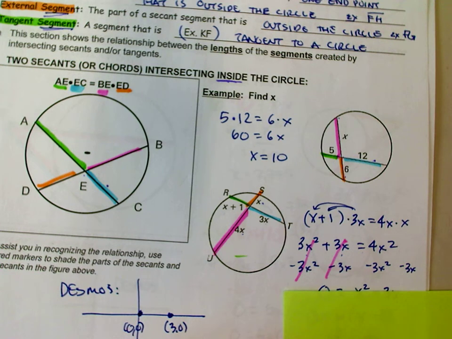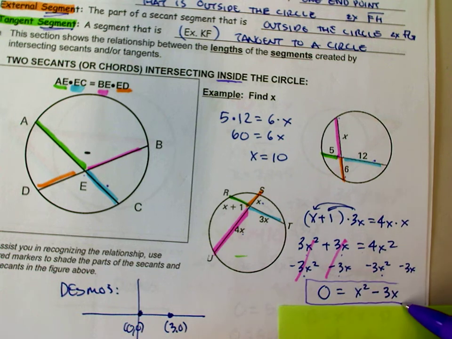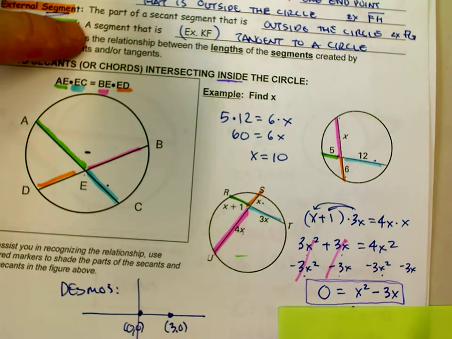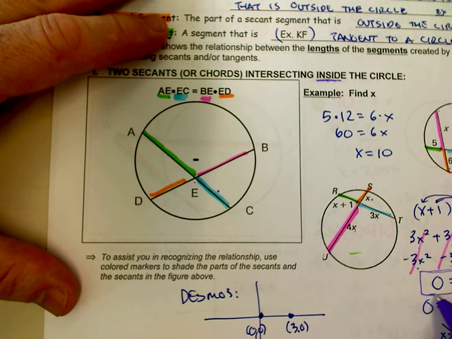What I can do algebraically is subtract 3x squared from both sides, subtract 3x from both sides. The result will be this equation here. To solve this, what you'll need to do is go to Desmos, and in Desmos, type this equation in exactly.